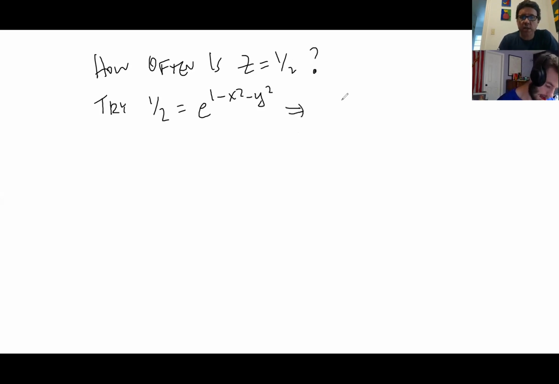So let's see, I take the natural log of a half, and I'm doing that one on the fly. I'll just calculate that in the calculator here. 0.5 natural log. So take the natural log of the left, take the natural log of the right, and get 1 minus x squared minus y squared.